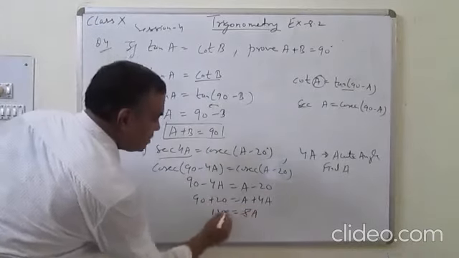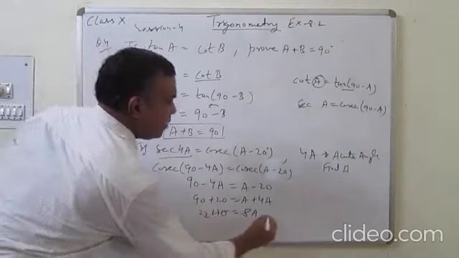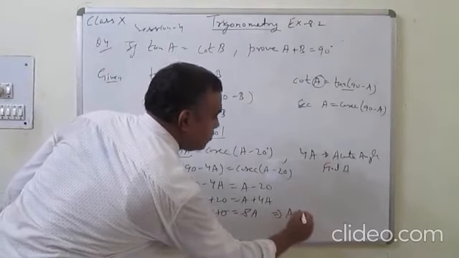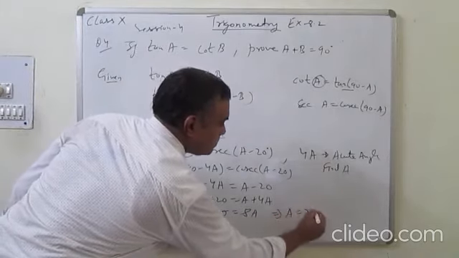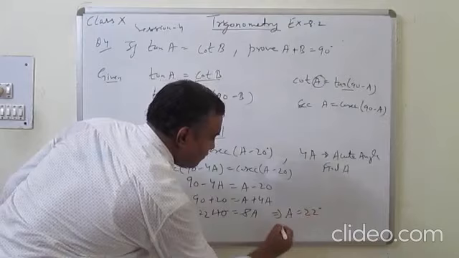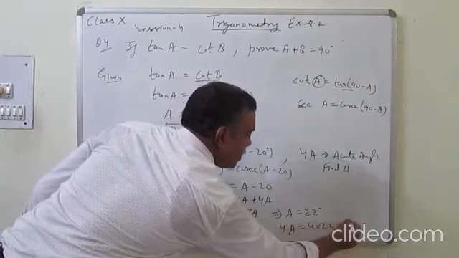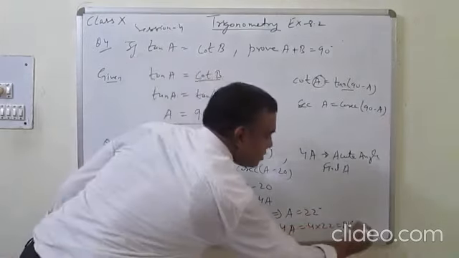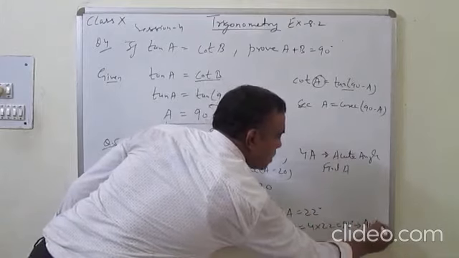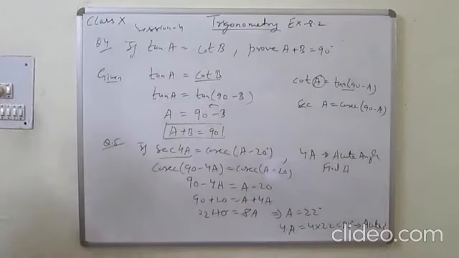This will cancel out and a is equal to 22, and 4a is equal to 4 into 22 is equal to 88. So it is an acute angle.